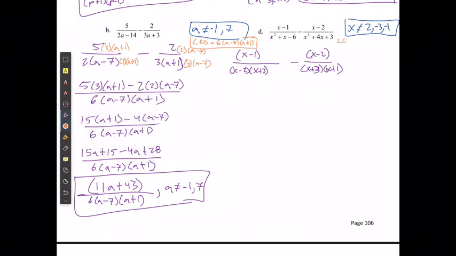The lowest common denominator is going to be, they all need an x minus 2, an x plus 3, and an x plus 1. They need all three of those different factors. Which means that the first one is missing the x plus 1 on the top and the bottom. And the second one is missing the x minus 2 on the top and the bottom.